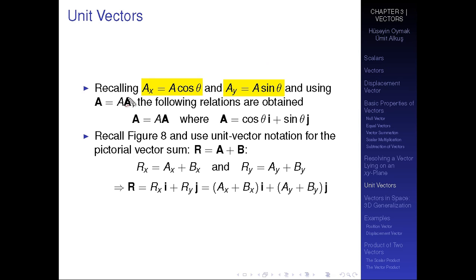Then we use the relation A equals A times A hat. Then the following relations are obtained. A equals A times A hat. Then A hat becomes cosine theta I plus sine theta J.